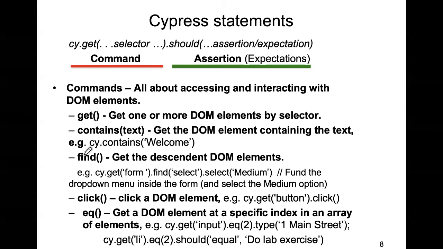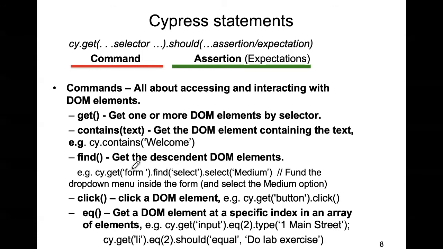The find is what you use if you want to chain on something after a get. So I suppose if we look at the example here, the way you interpret this is I'm looking for the element in the DOM of type form, and I'm assuming in this case that there is only one element of type form, i.e. web form.